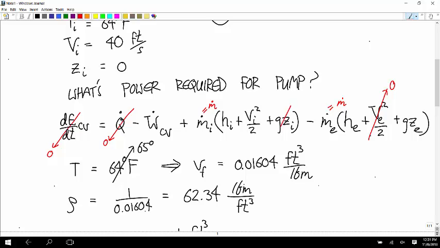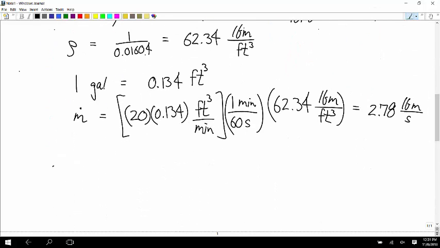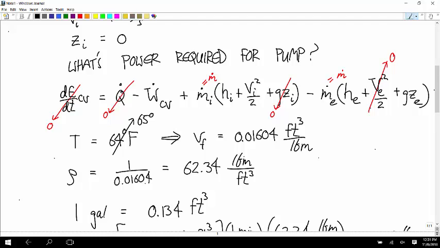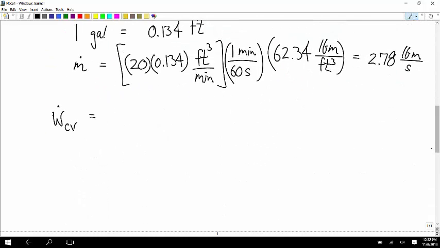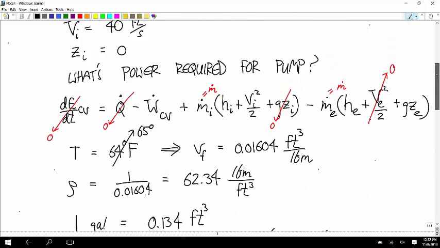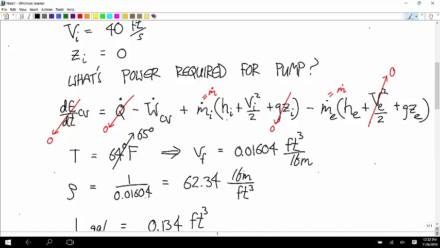We have that W dot for the control volume is equal to the mass flow rate, which is what we calculated, 2.78, multiplied by HI minus HE.